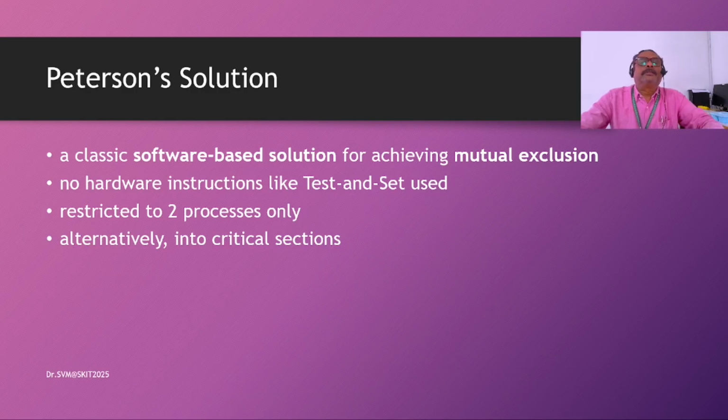And this Peterson solution believes in cooperation. That means if one process wants to enter the critical section, it first tries to allow the other one. If the other one is also willing to enter, then process I says, let J complete its critical section part, then let me use it.